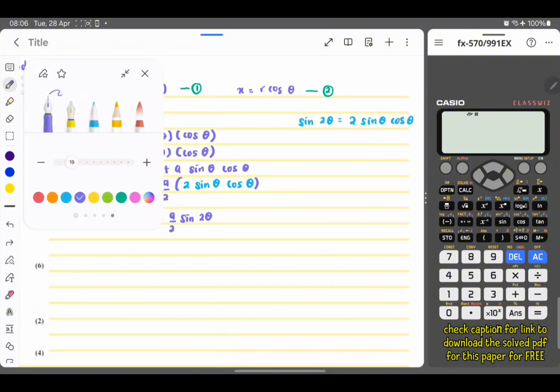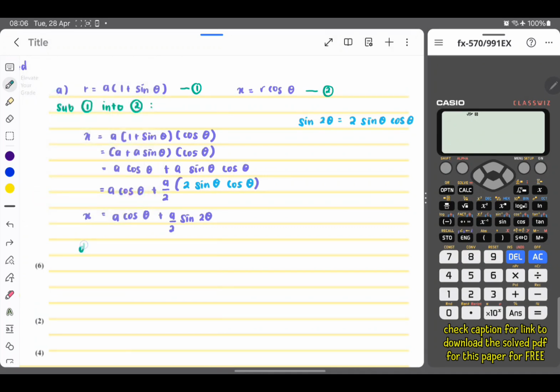Now we can proceed with our differentiation. dx/dθ is equal to −a sin θ + (a/2) cos 2θ. Now let's differentiate 2θ, which means we have to multiply by 2. Simplifying this, we get −a sin θ + a cos 2θ.